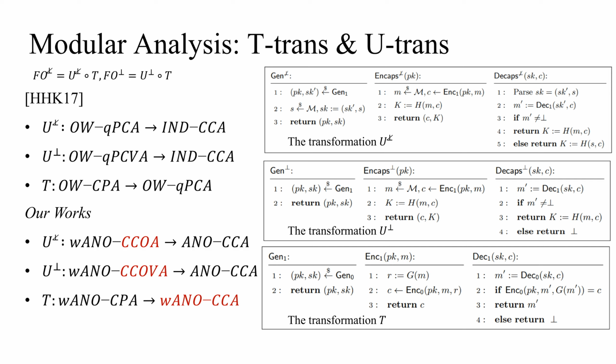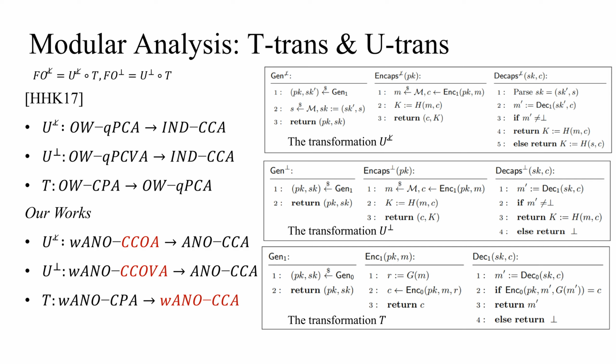Specifically, the transformation U converts a weakly ANO-CCA-OA secure DPKE to an ANO-CCA secure KEM in the implicit case. And the transformation U also converts a weakly ANO-CCA-OA secure DPKE to an ANO-CCA secure KEM in the explicit case.